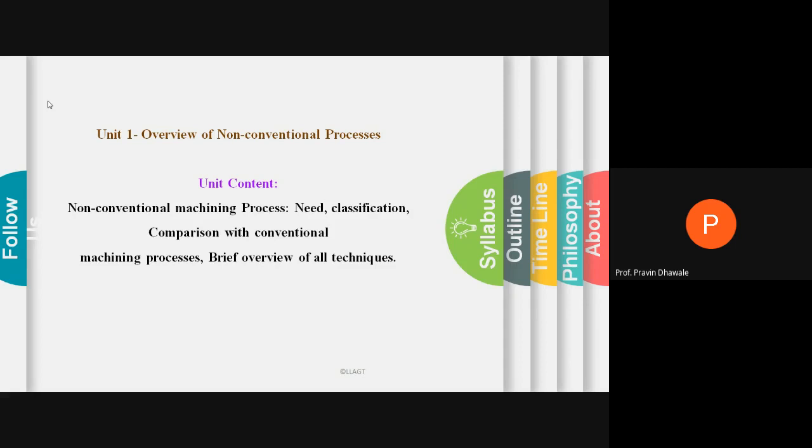Then what is non-conventional machining? In non-conventional machining, we utilize certain sources of energy to remove the material from the workpiece instead of a tool. It may use mechanical energy, where there is a process of erosion, friction, right?